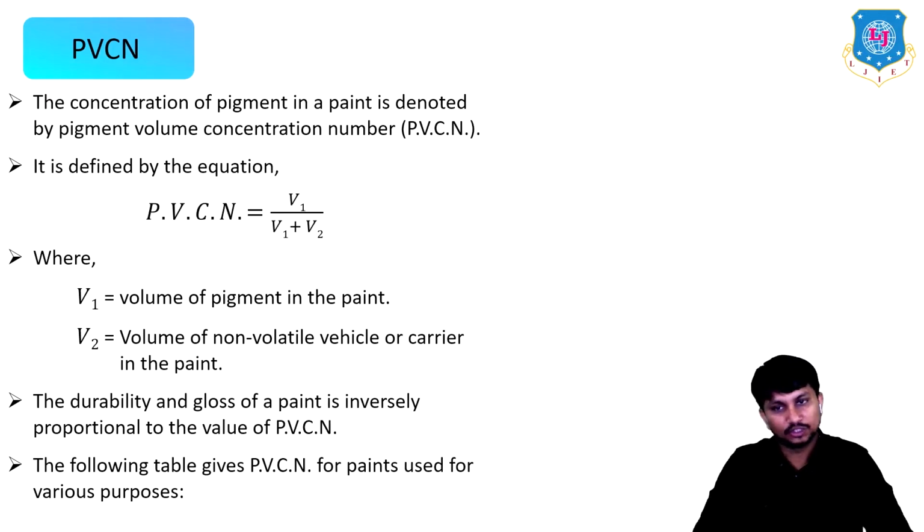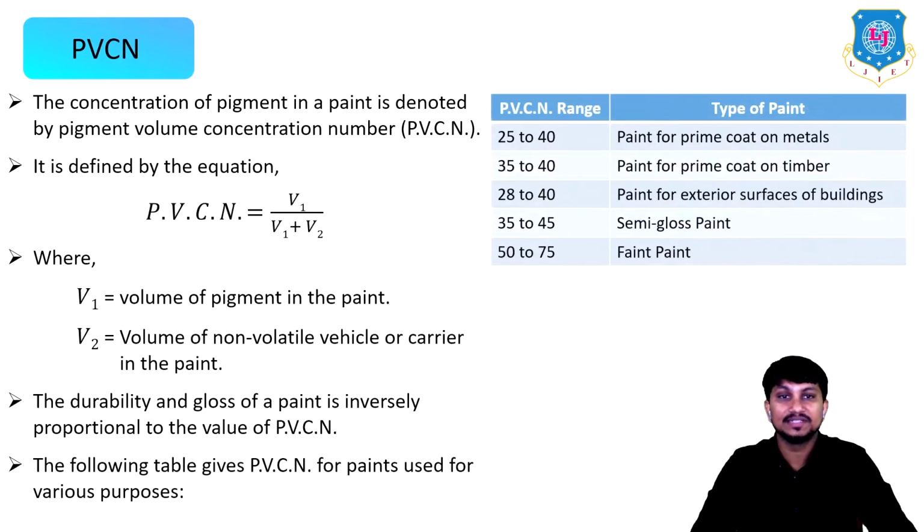The durability and gloss of paint are inversely proportional to the value of PVCN. So if the PVCN number is less, the durability and gloss of the paint are comparatively more. The following table gives the PVCN for paints used for various purposes.